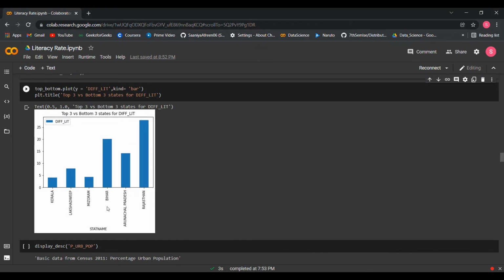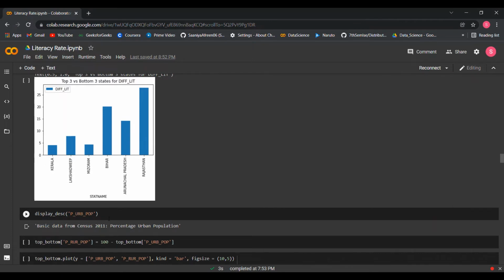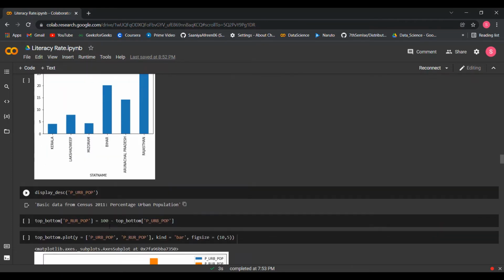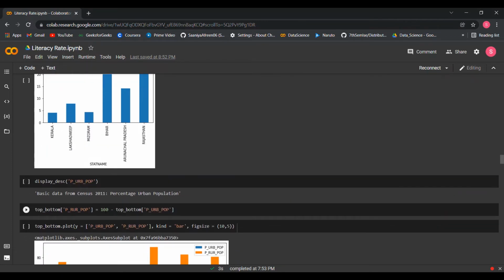Later on, we'll see about the urban and rural population. These are important components which help in differentiating the literacy rate between the states. The rural population percentage in the bottom three states is much more than in the top three.